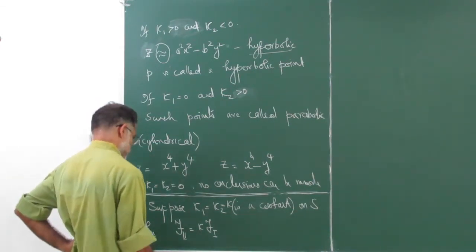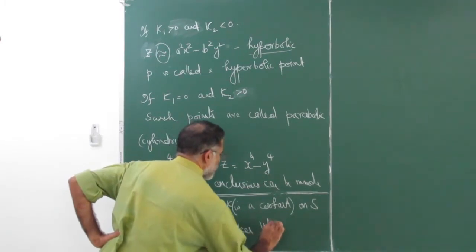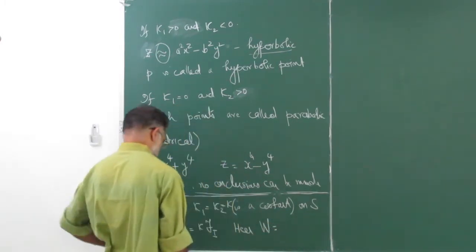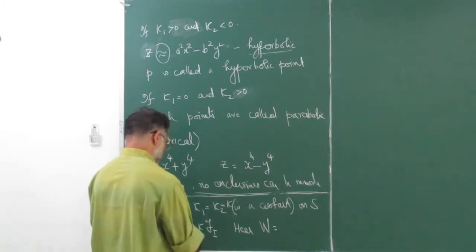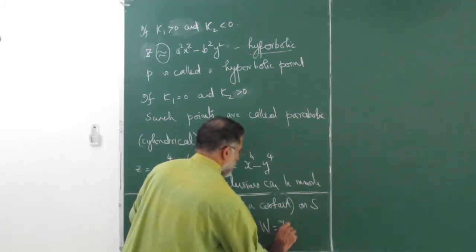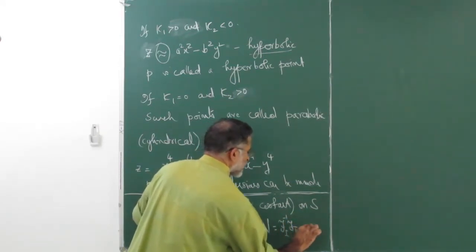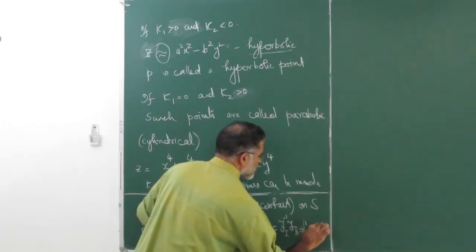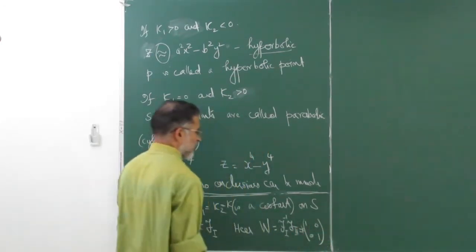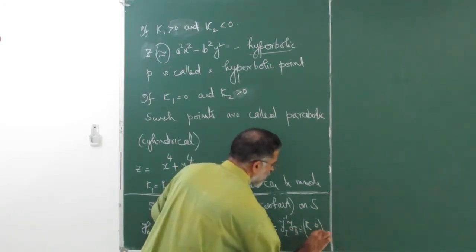Hence W, our Weingarten matrix, is going to be F1 inverse F2, and that's equal to kappa times identity, 1 0 0 1. That's equal to kappa 0, 0 kappa.